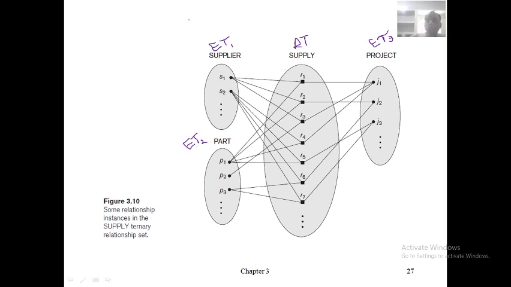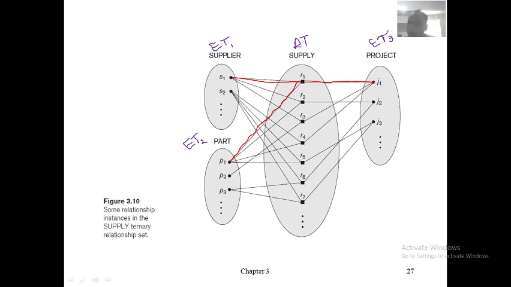See here, this supplier S1, what is he supplying? He is supplying part 1 for which project? Project 1. Is it clear now? A particular supplier supplies a particular part to a particular project.